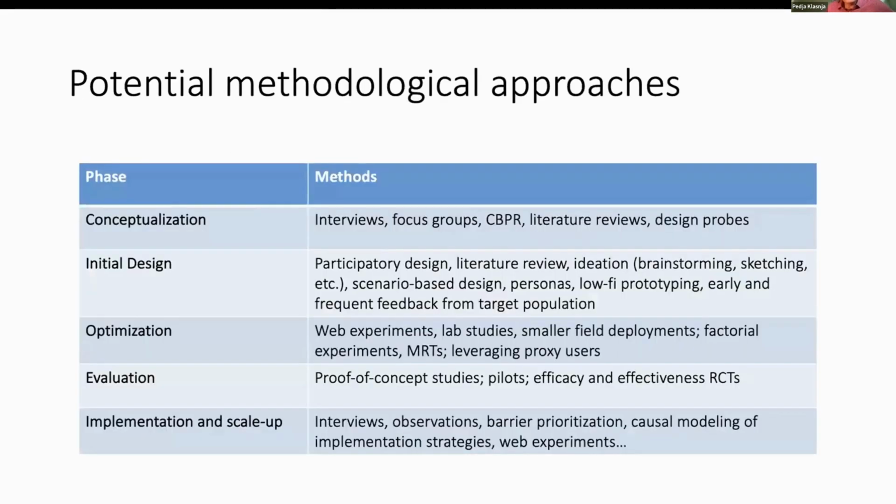Okay, so the methodological approaches that you end up using really try to map to those different kinds of questions, right? At the conceptualization stage, a lot of these things end up being qualitative methods that are first and foremost being used, right? So focus groups, participatory research, different kinds of literature reviews, design probes.